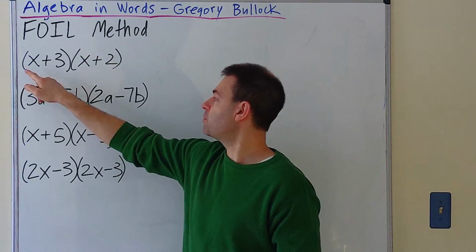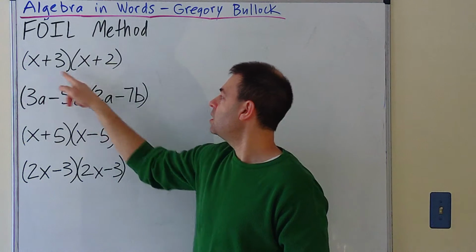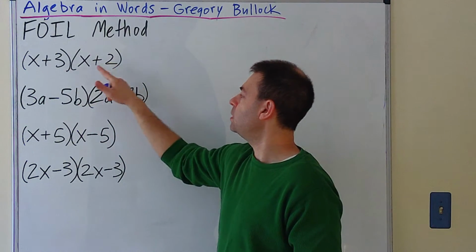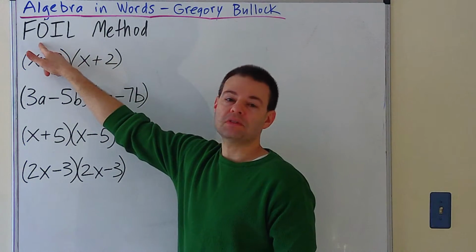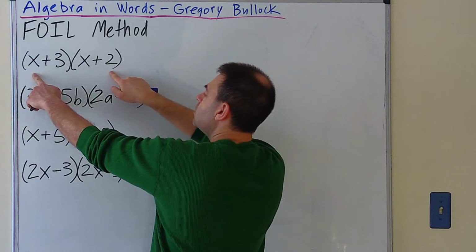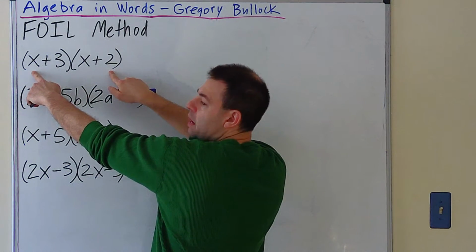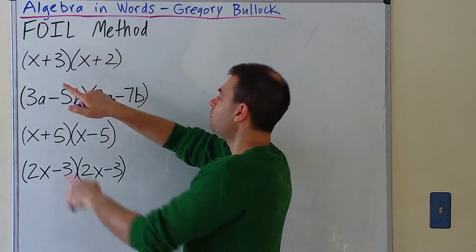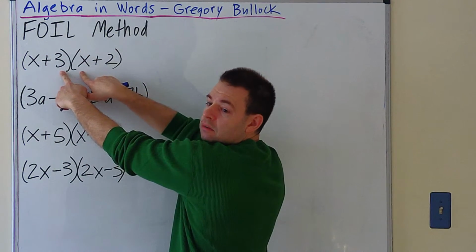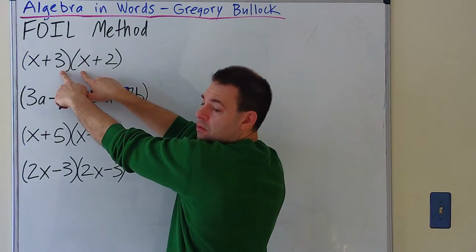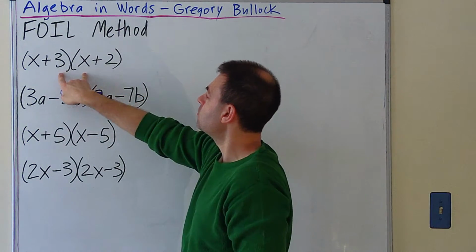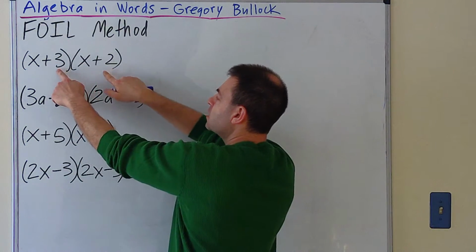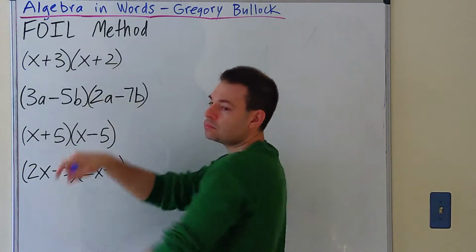So the first term of this binomial would be x, and the first term of this binomial would be this x. Then outside refers to the terms on the outer ends of both binomials. The inner refers to the inside terms, and the last stands for the last terms of both.